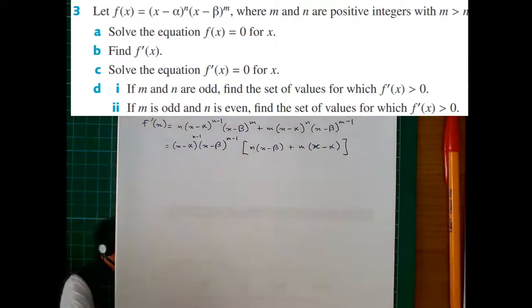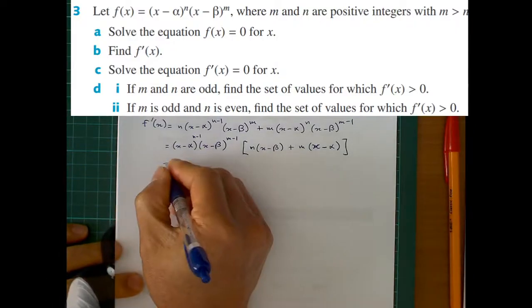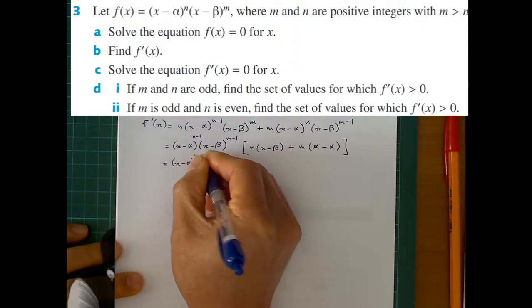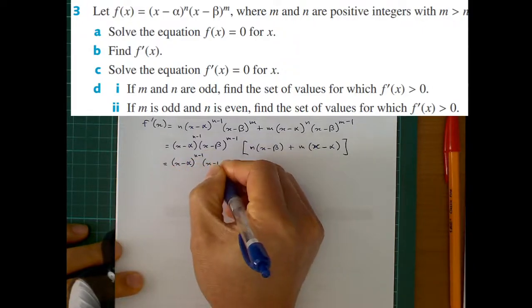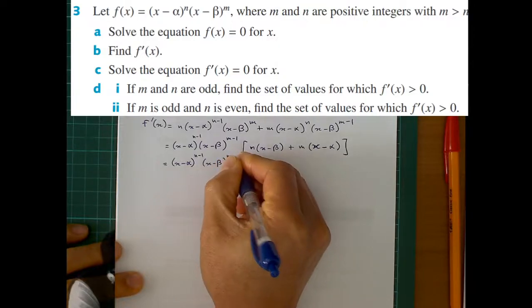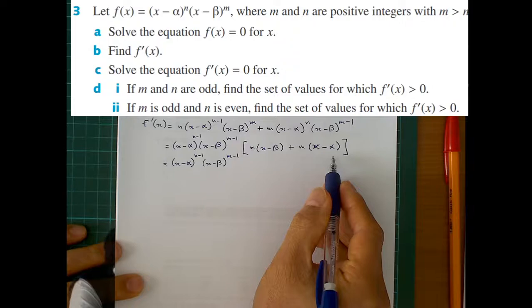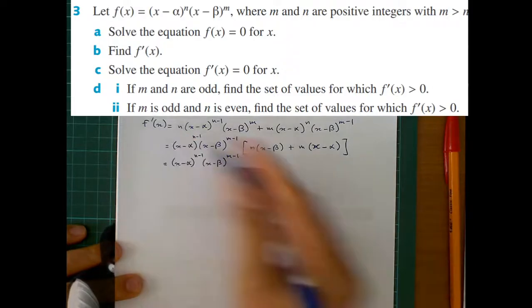Okay. I need to leave it factorized. Now here I'm going to regroup the like terms because we need to solve that equals 0 in a second.